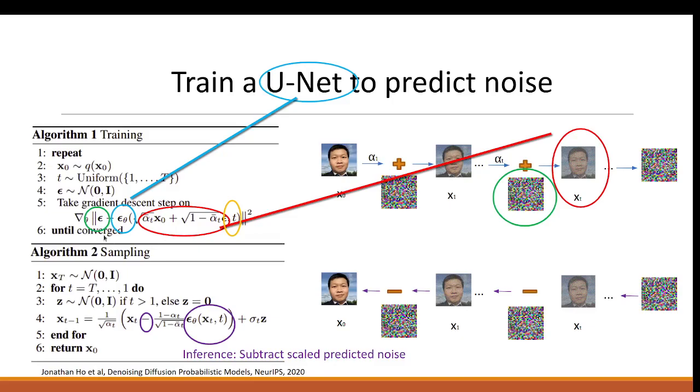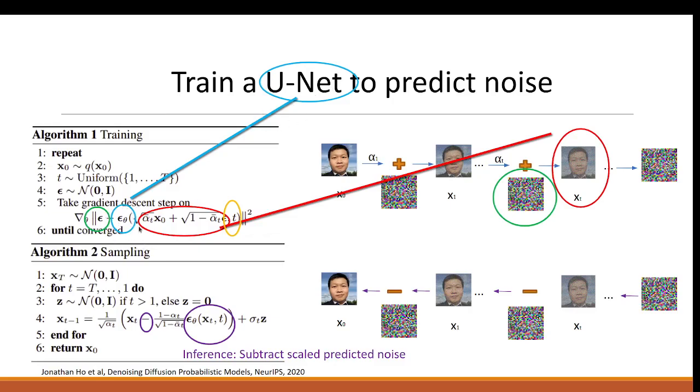Right. And then we look at this term. This is the loss term, the loss function. So this epsilon theta, theta is the parameters of this UNet. This one, circled in blue, is the UNet.